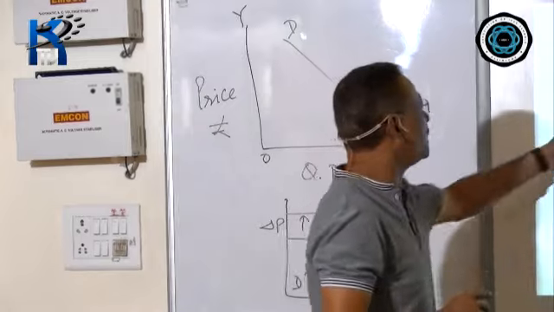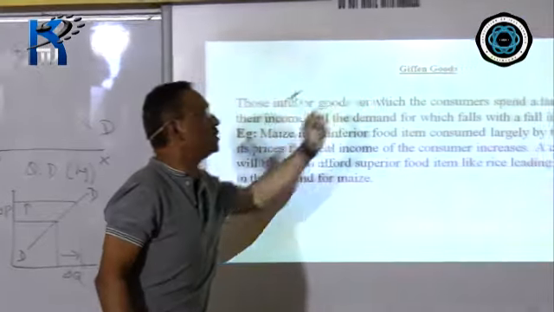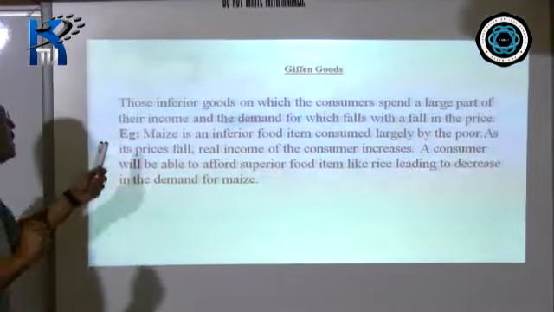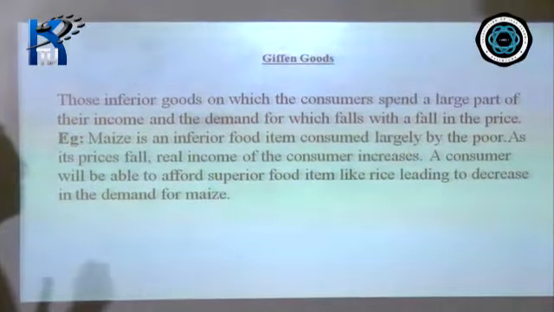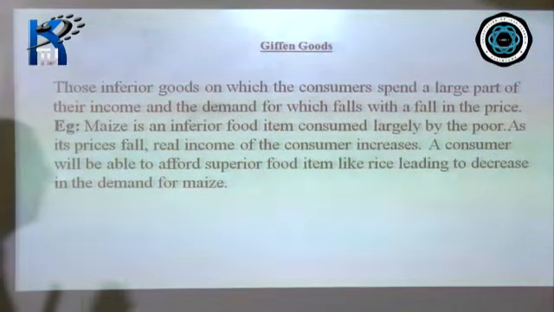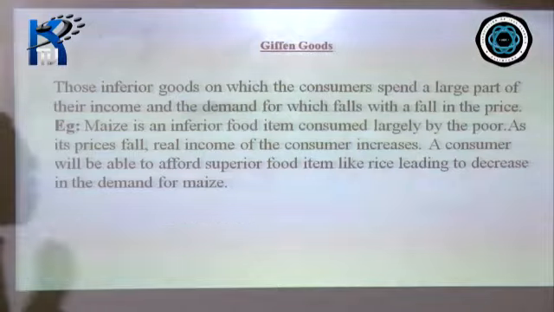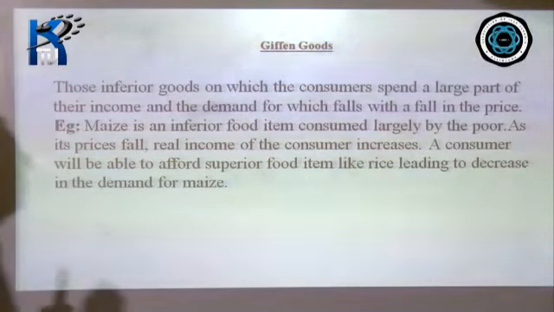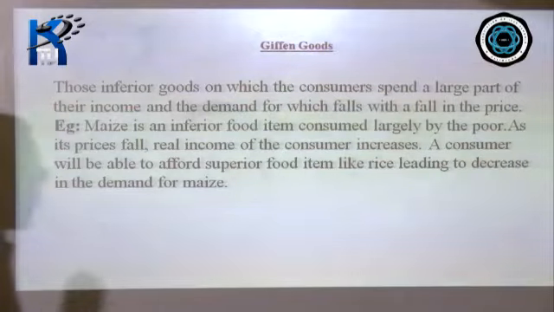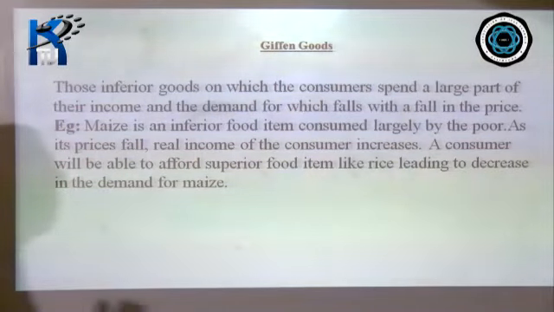Out of these inferior goods, Giffen goods are a part. Giffen goods are low quality, low priced goods, but they do not follow the law of demand.